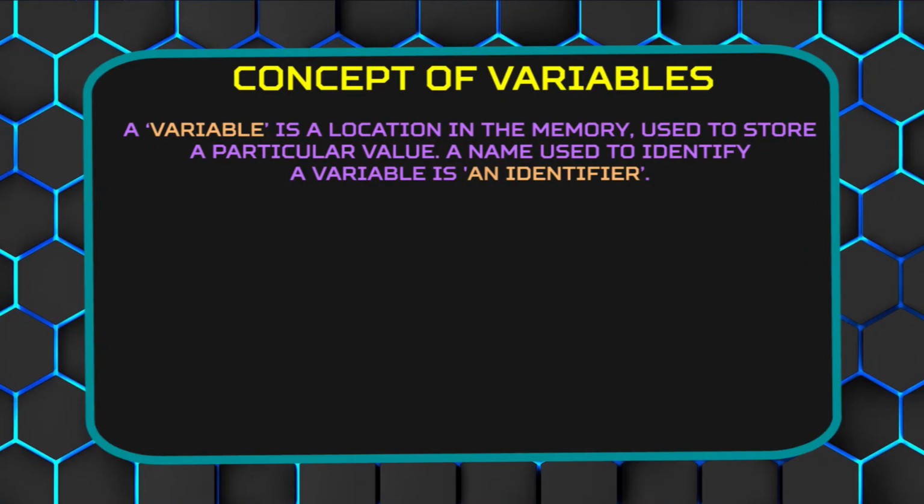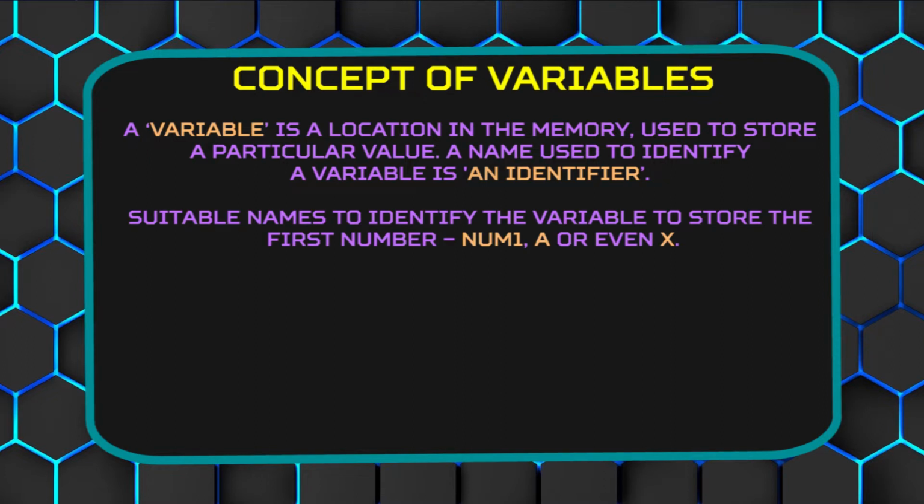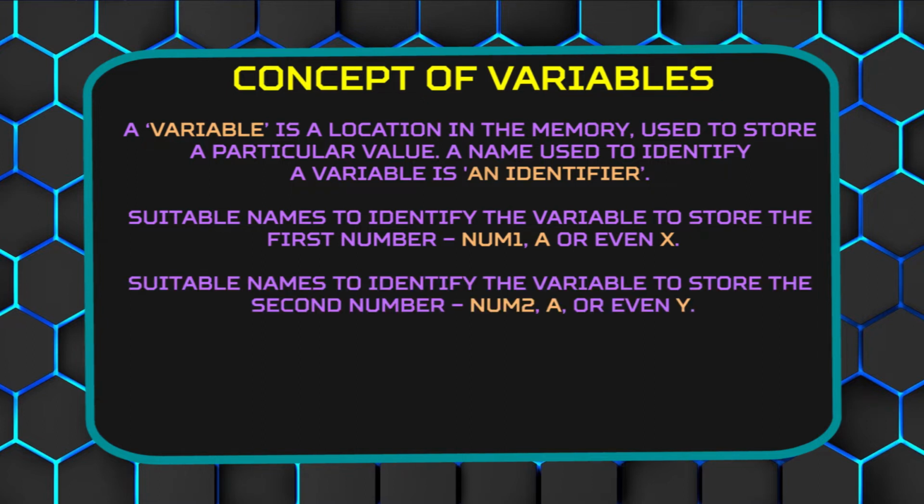Now, the concept of variables. A variable is a location within the memory that stores a particular value. A name used to identify a variable is called an identifier. Suitable names to identify a variable to store the first number would be num1, a, or even x.